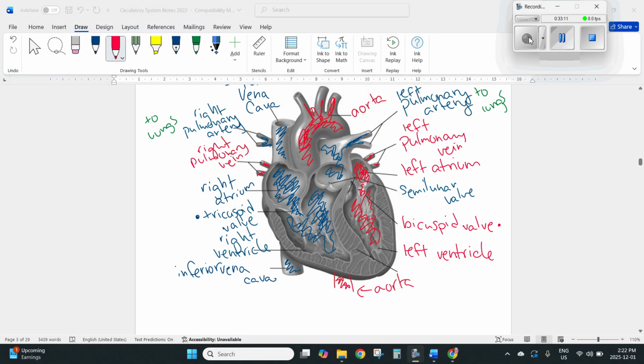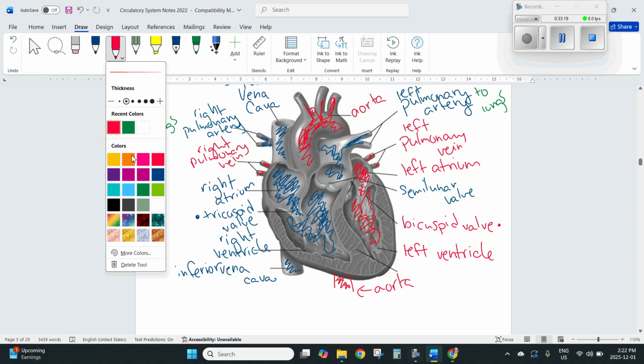So I'm going to use a different color pen to show the direction that blood is actually flowing through the heart. I'll pick orange, maybe, or I'll use a green again.